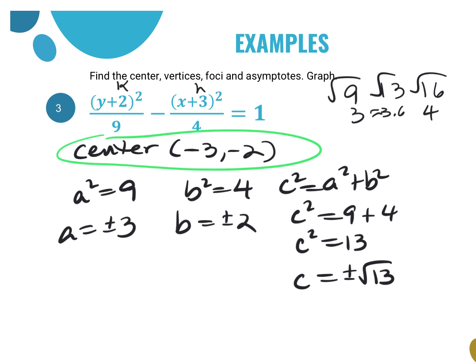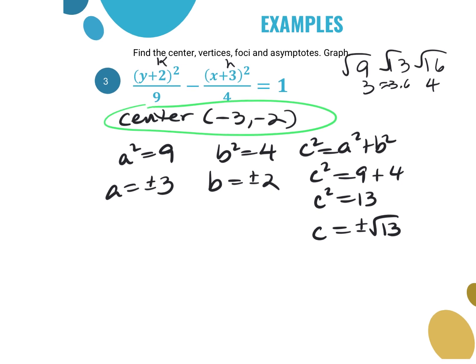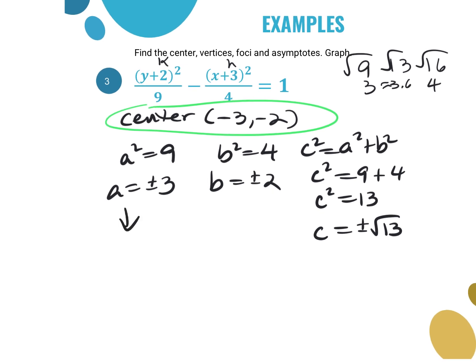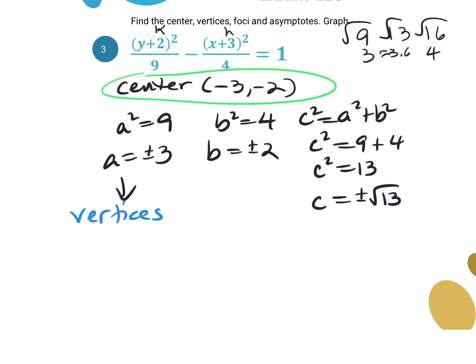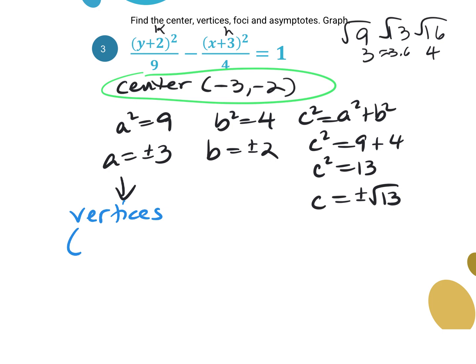So now, let's go ahead and find our vertices. For our vertices, this time we don't have 0, 0, so we actually have to add the a value to that center. And because my variable I see first is y, I'm going to add a and subtract a to the k. So the transverse axis would be the y-axis?